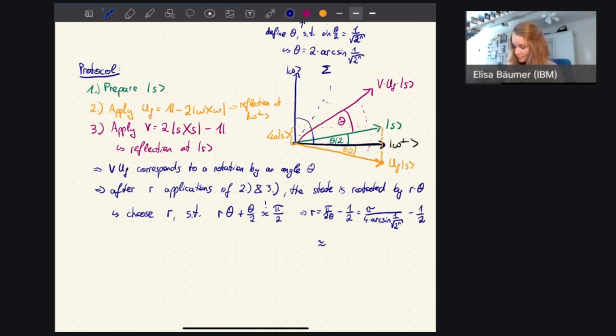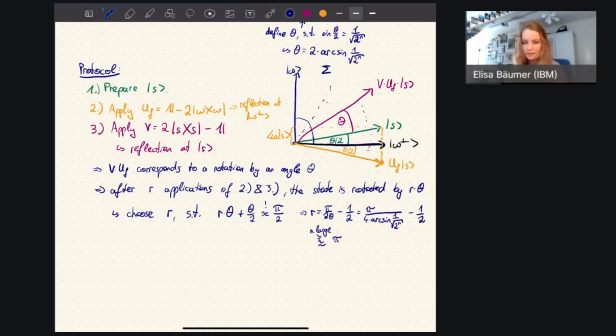And now if we assume that n is large, which is where quantum algorithms become very useful, if we just have a very short set, then we can just classically look for the solution.